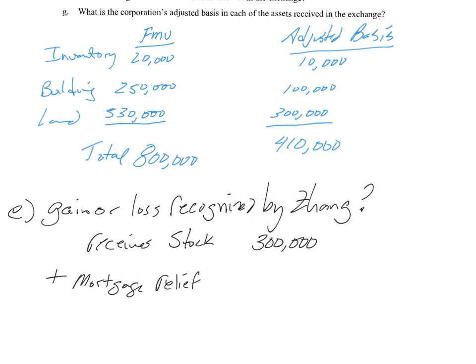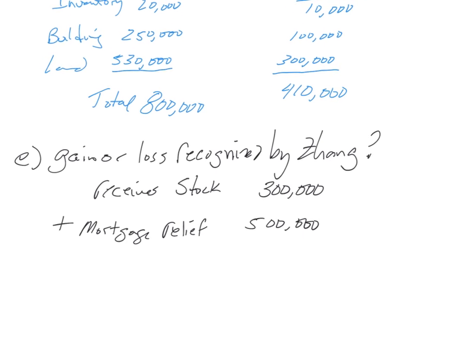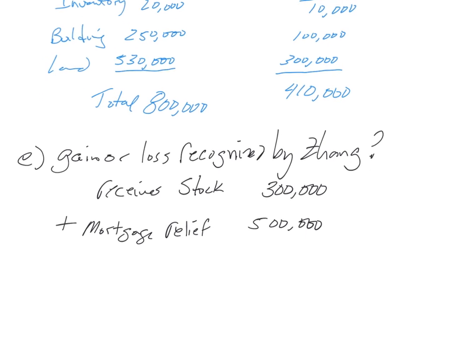relief, right? The corporation assumes a mortgage of $500,000. Okay? Now, what do we know about this mortgage? So we've got to take a look at this mortgage, okay?